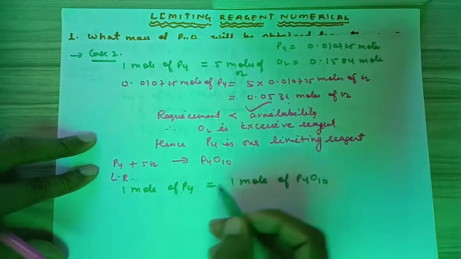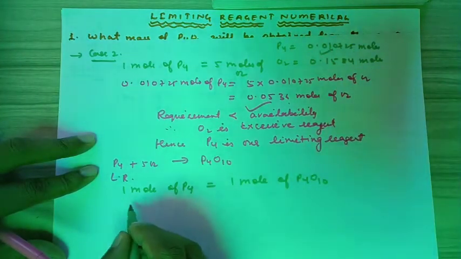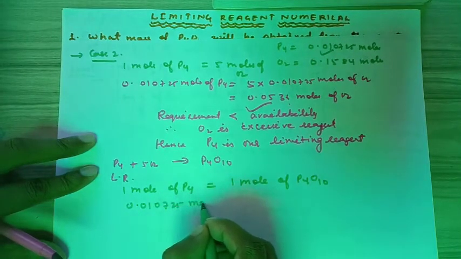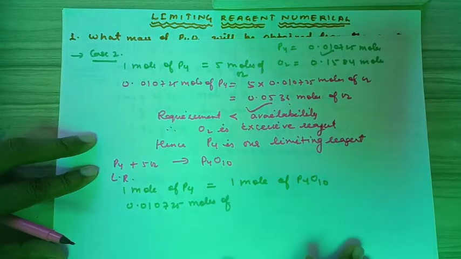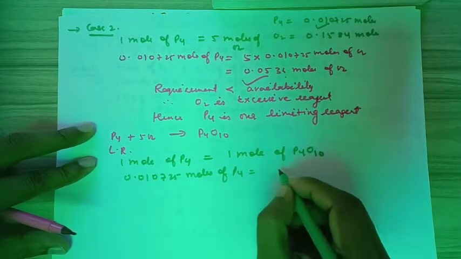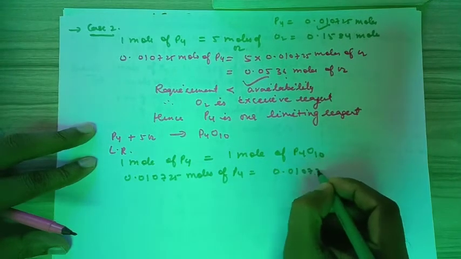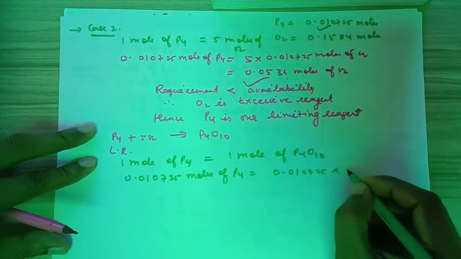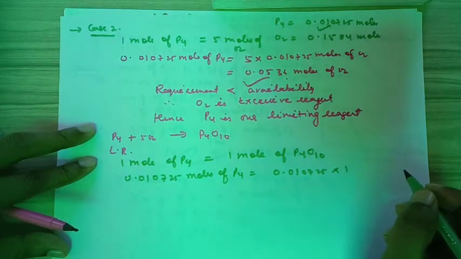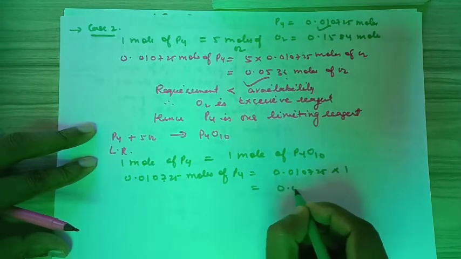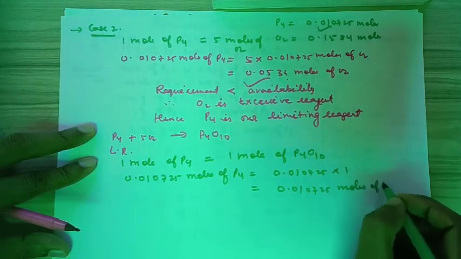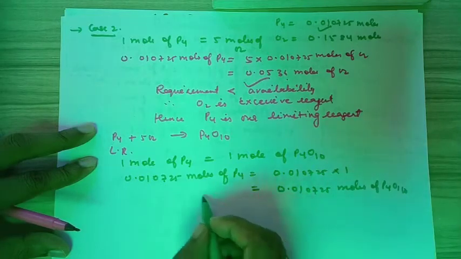Now P4 available is this much, so 0.010725 moles of P4 will give us 0.010725 into 1, and that will give us 0.010725 moles of P4O10.